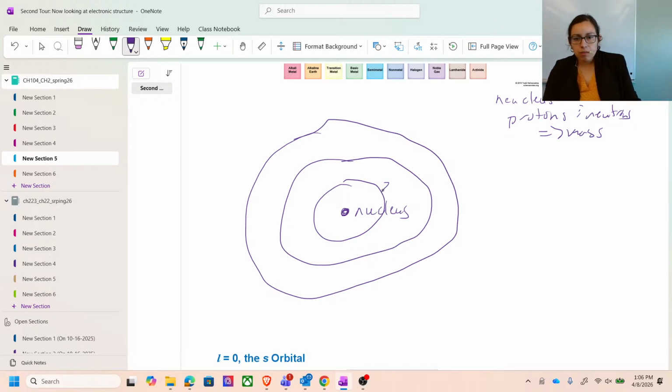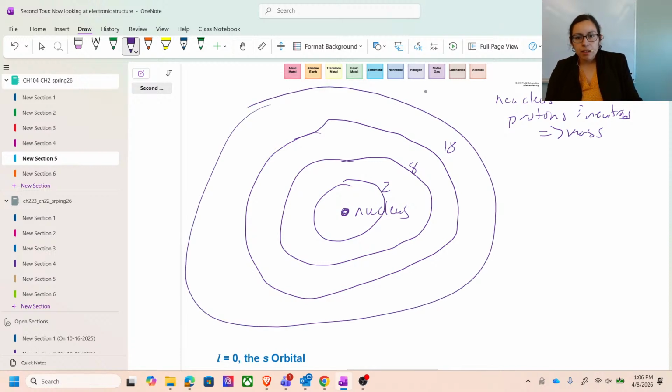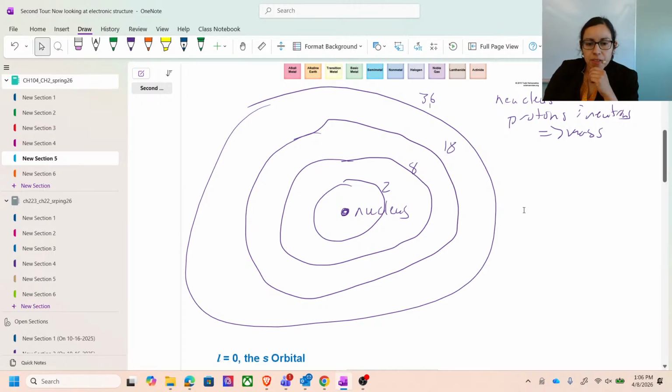And then usually they go 2, 8, 18, and 36. That corresponds to the number of electrons. And so now we want to dive into what this really means and get a better sense of this.